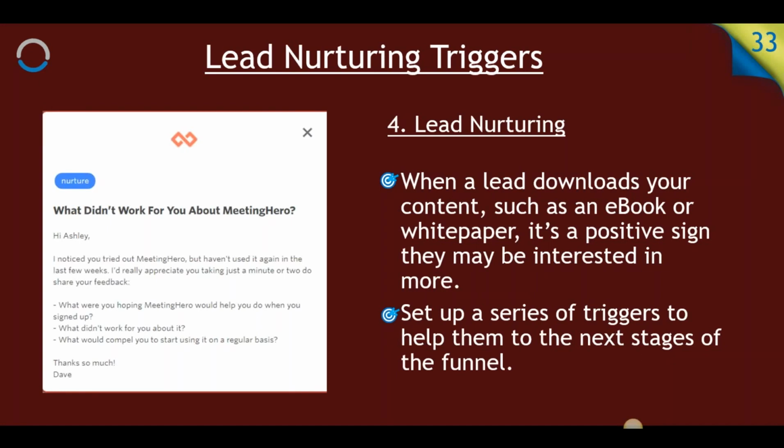So the fourth is lead nurturing, and this almost combines parts of what we covered before. Lead nurturing really gathers all the data from top of the funnel to bottom of the funnel and guides people through it. Meaning you might have your landing pages set up and people opt in to download an ebook on, let's take for instance, how to use email automation.